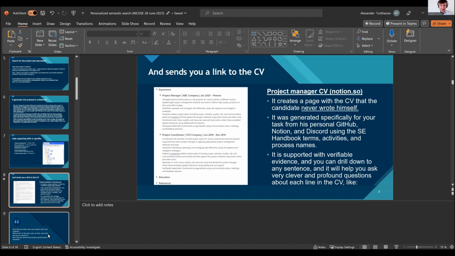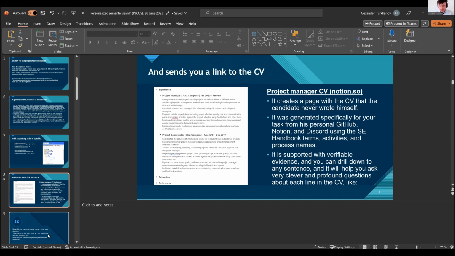And it's all actual, because this person has a personal GitHub, commits are stored, Notion, Discord. It's a lot of information, and the machine just fetched it and generated the CV from it. So it's an actual CV of an actual person, machine generated from original working products.